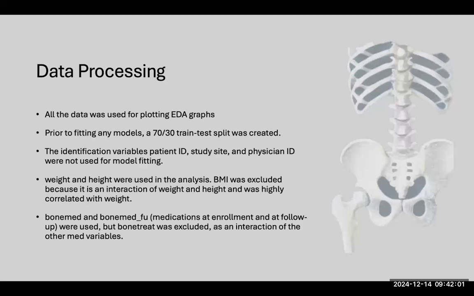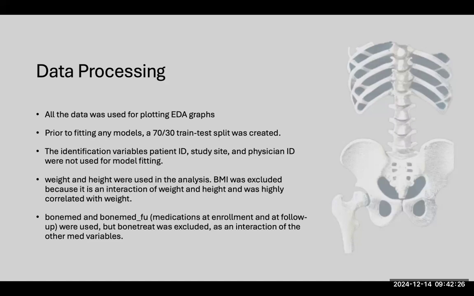So I'll take you through the data processing. All of the data was used to plot the graphs that you just saw. But prior to fitting any models, a 70-30 train test split was created, and the models were built on the training data, but were assessed on the held out validation set. The identification variables, patient ID, study site, and physician ID, were not used for model fitting.